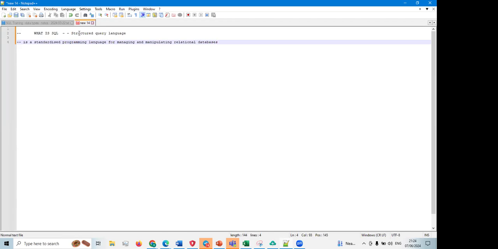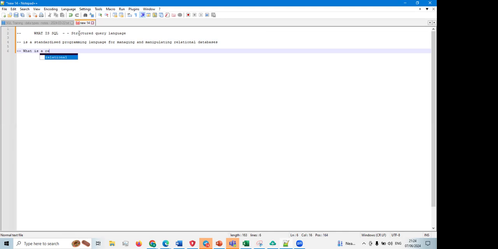When we say it's for managing and manipulating relational databases, what immediately comes to mind here? Can anybody give us a hint? What is a relational database?